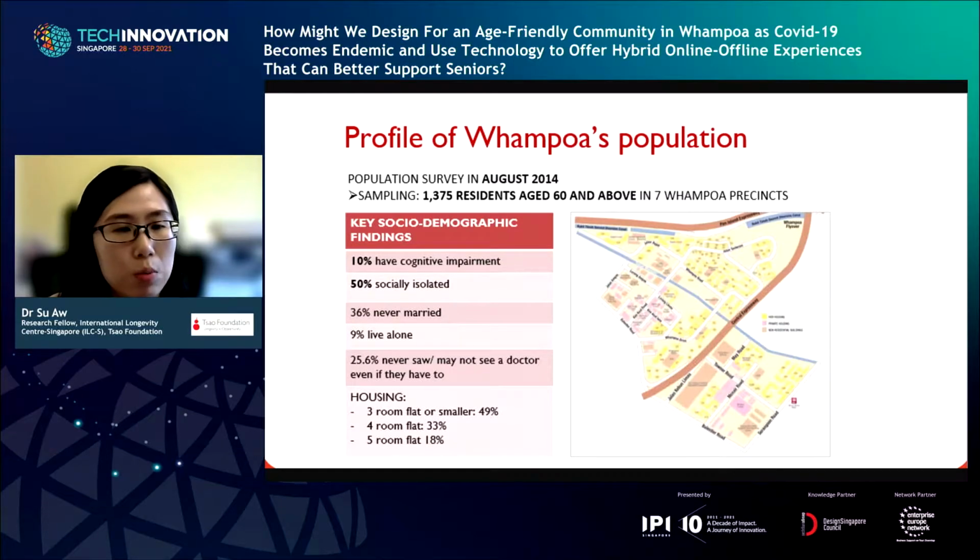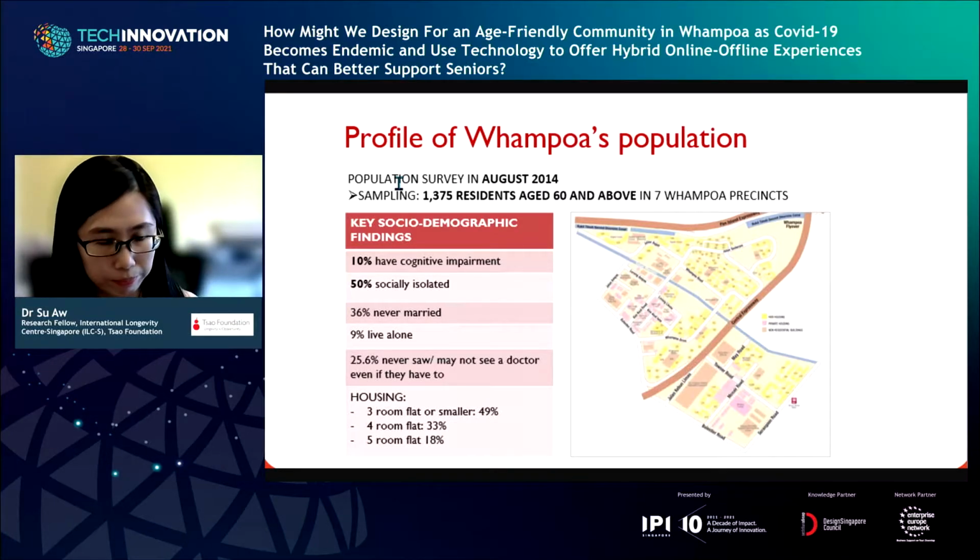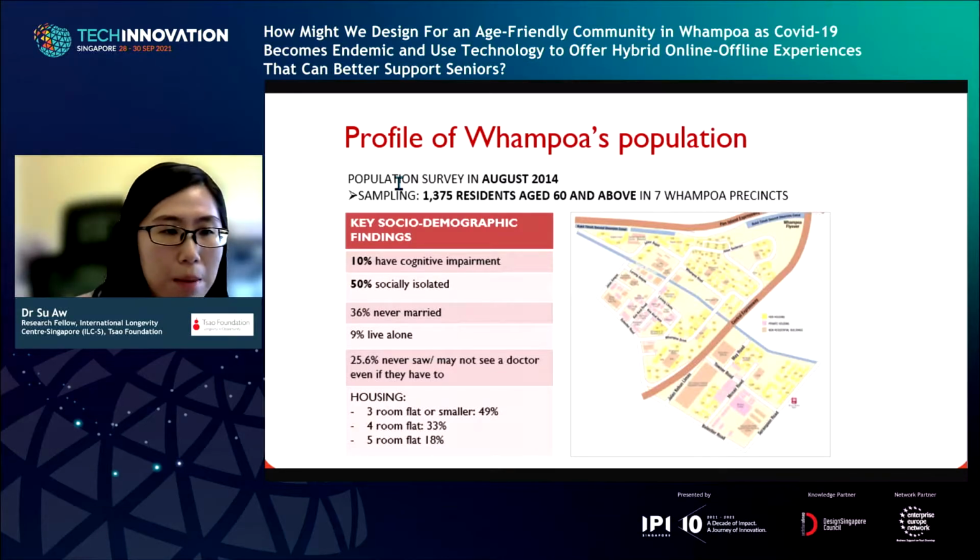So in 2014, we did a very representative and community-wide survey of seniors, based on representative sampling of 1,375 seniors. We found that about 10% of them had some kind of cognitive issues or impairment.